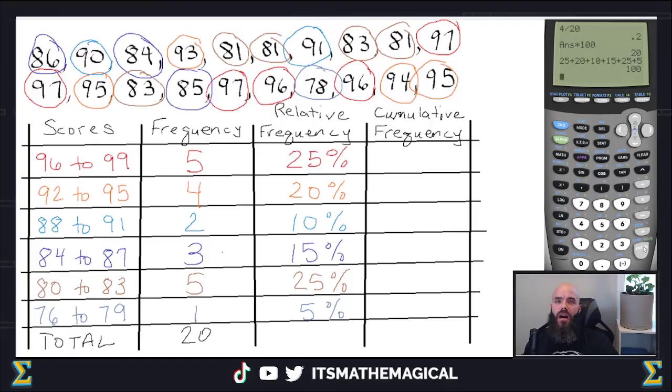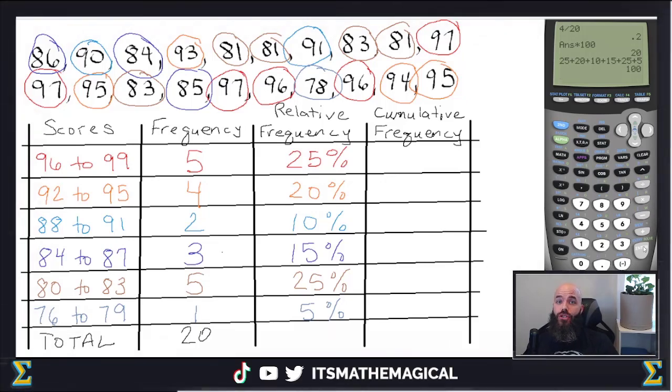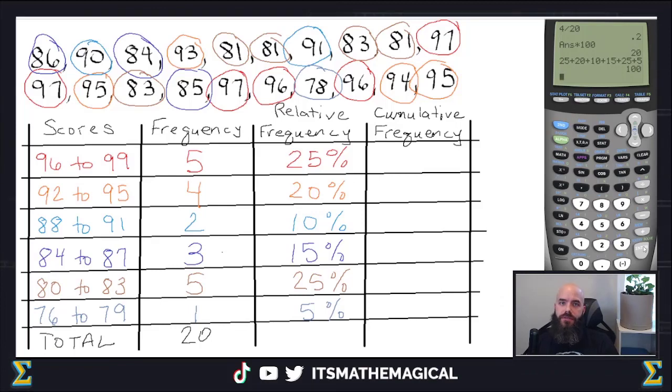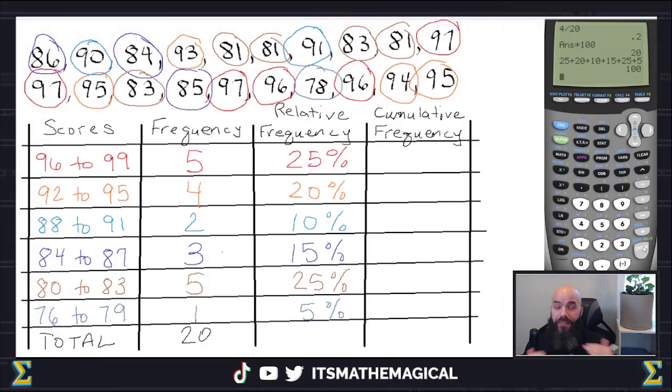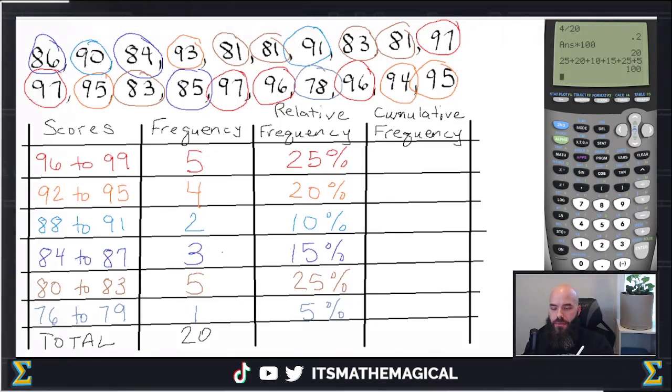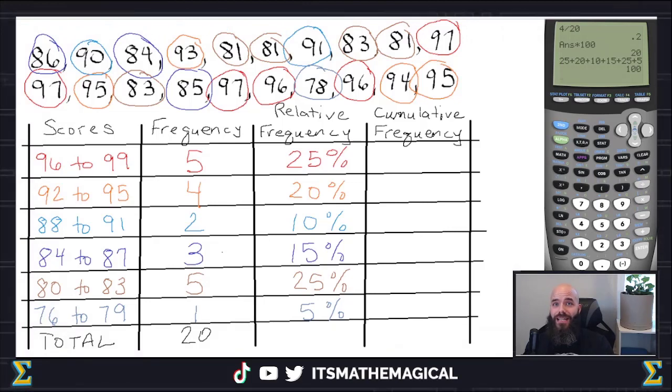All right. Now the last column is cumulative frequency. And remember earlier, I mentioned cumulative. If you have a cumulative test or a cumulative final or something that's cumulative, that's thought of as that moment as well as everything before. So if I go to my bins, the first bin that we talked about was the bin from 96 to 99.